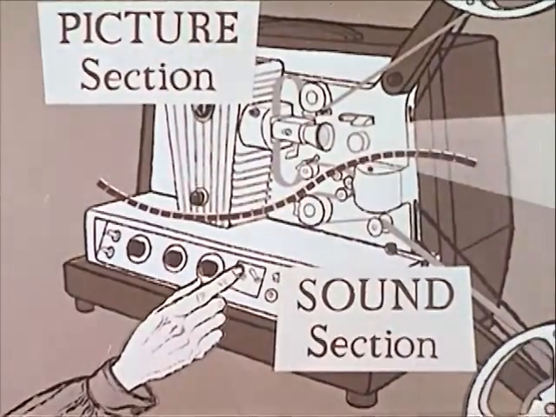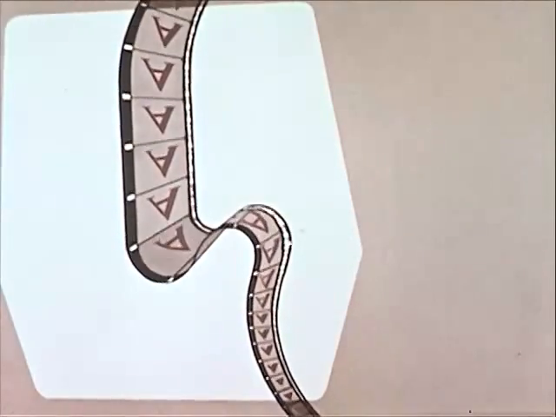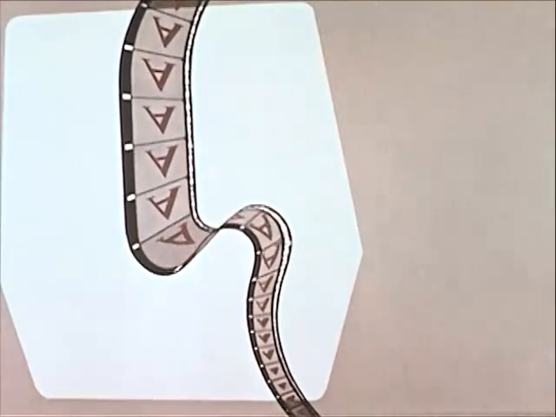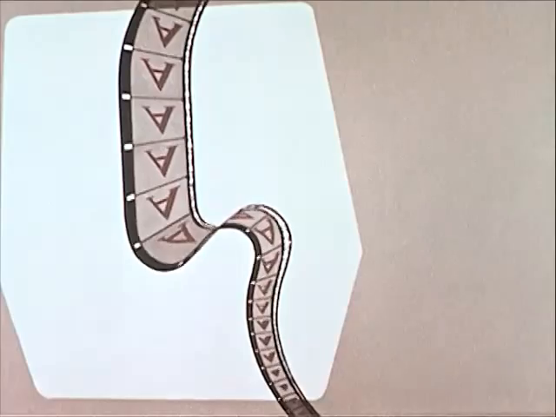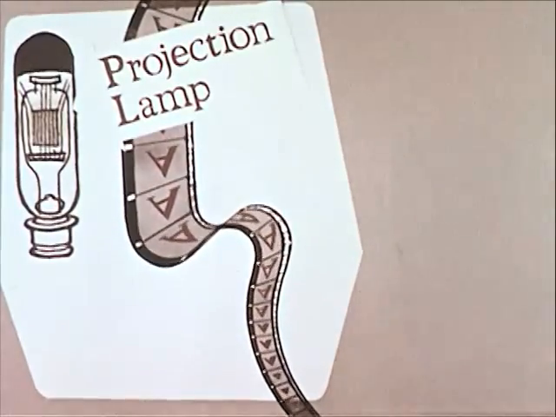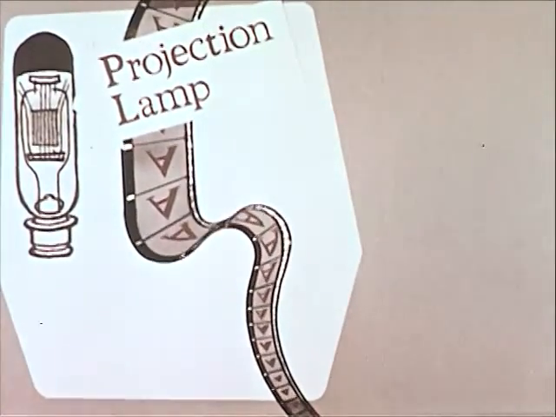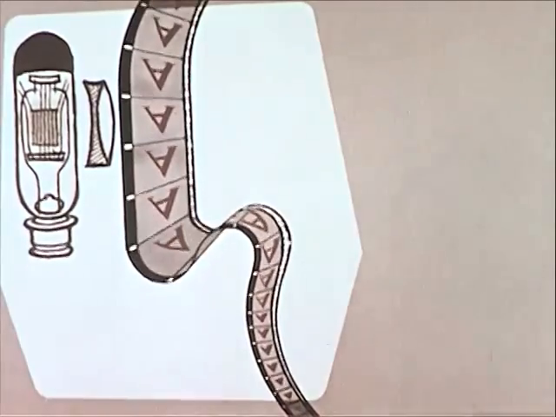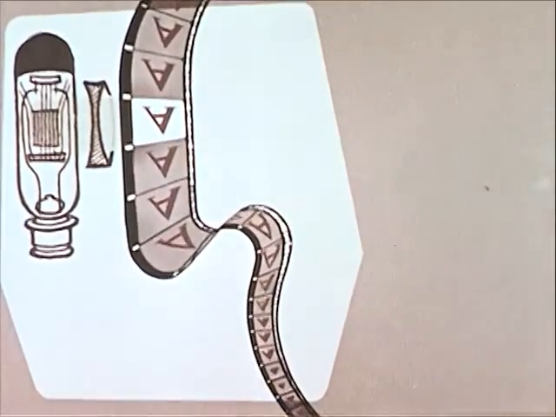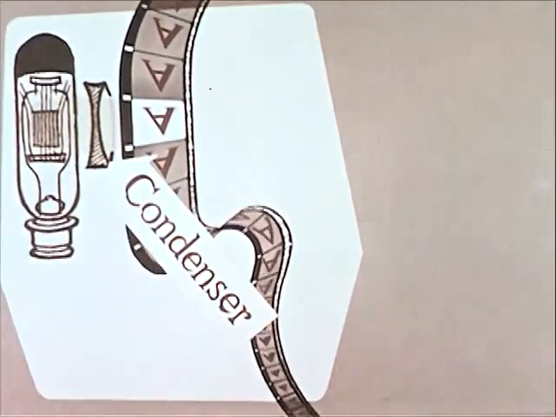As the film moves through the projector, it first enters the picture section. This section consists of the projection lamp, which is a very bright light source. Light is concentrated on a single frame of the film by a condenser lens.